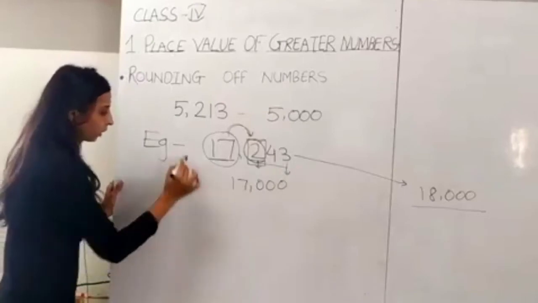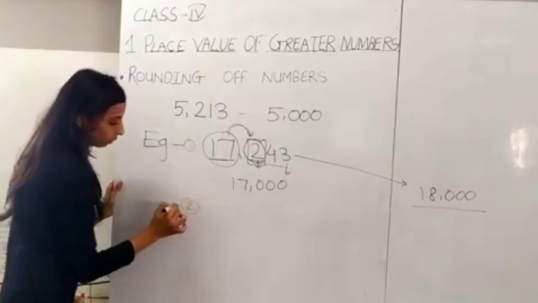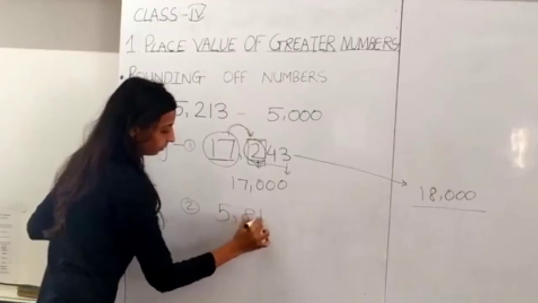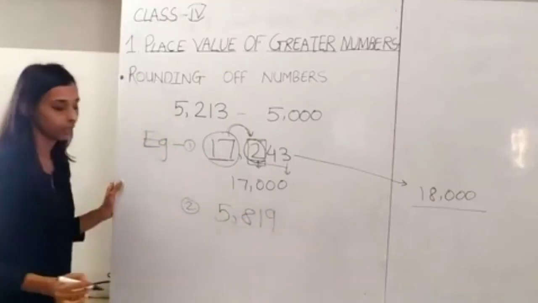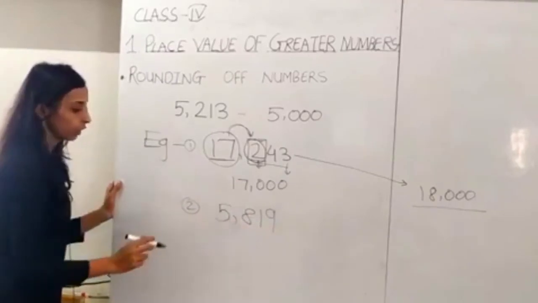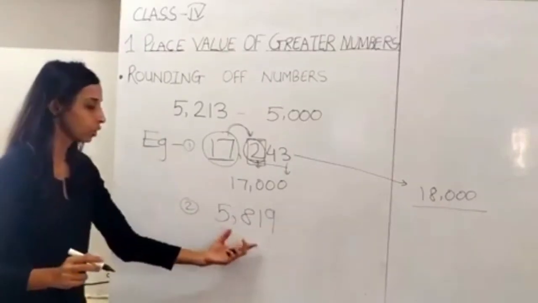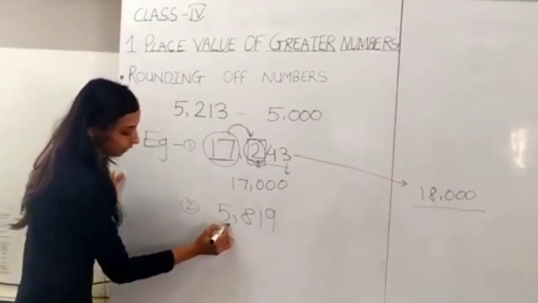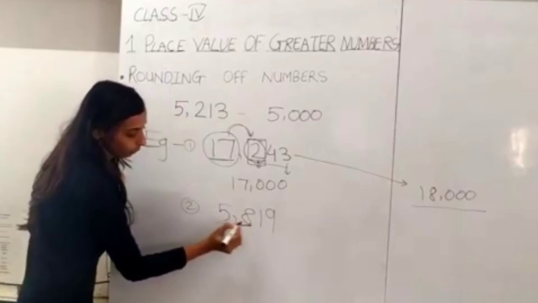Now one more example. 5,819. If I have to round off this number, should I round it off as 5,000 or 6,000? I have to check the number after the thousands place, which is 8.